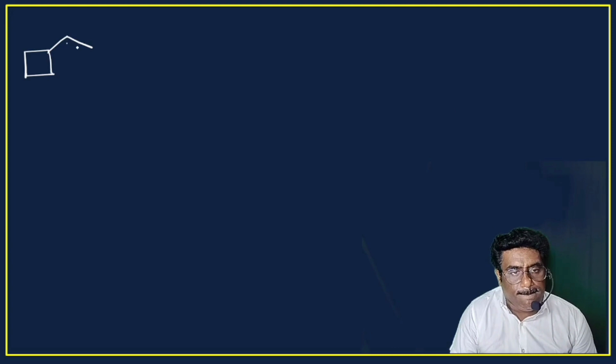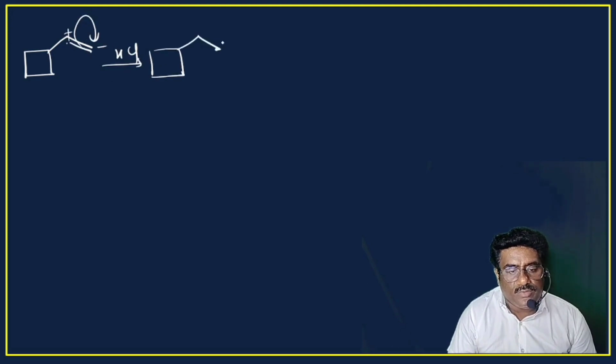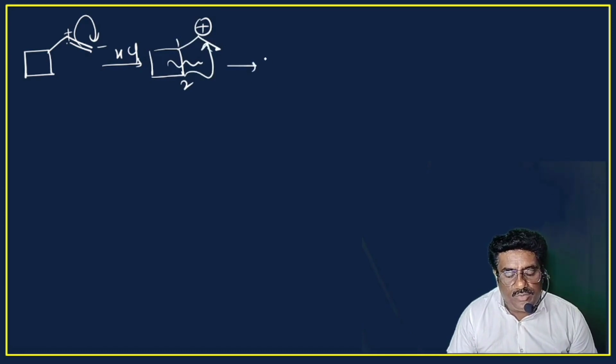See, a 4-membered ring in the presence of HCl. This bond is shifted. Here getting positive charge, here getting negative charge. So it forms positive charge. Yes, it is the first position, second position, cleavage of 1 and 2. So 2 is attacked with the positive charge. It forms what? You are getting positive charge.